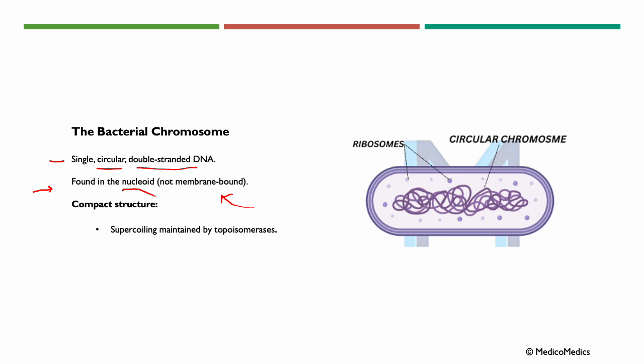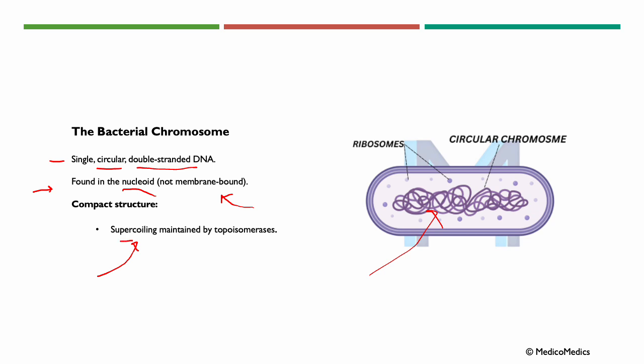Now, since the chromosome is actually quite large relative to the bacterial cell itself, it is very tightly packed. And supercoiling is the primary method of this compaction, ensuring that the chromosome fits within this small cell.